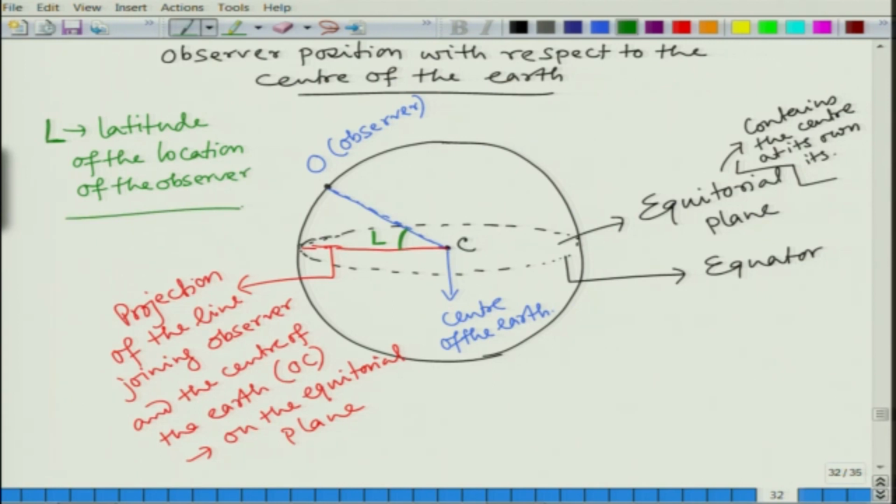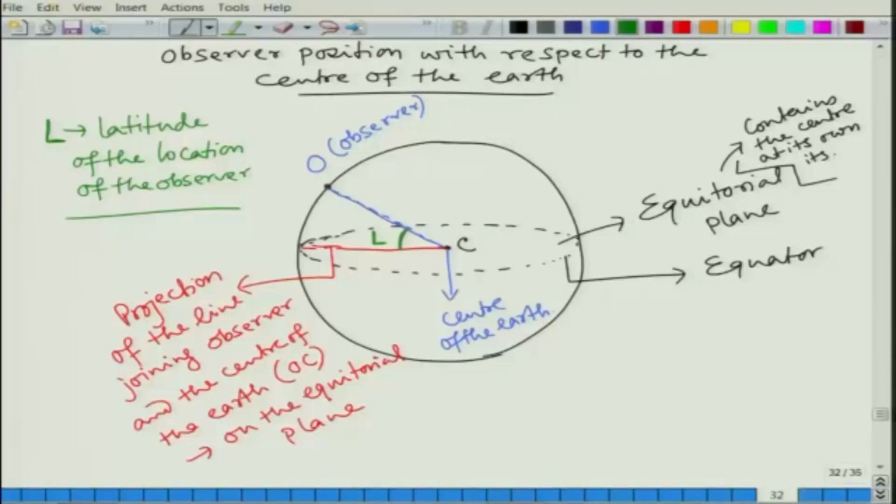Okay. So, these things you have learnt in your school days, but all of these should come very intuitively when you think of a solar energy conversion problem or an installation issue. So, where are you, latitude is important, and to uniquely locate the observer position, what else do you need?